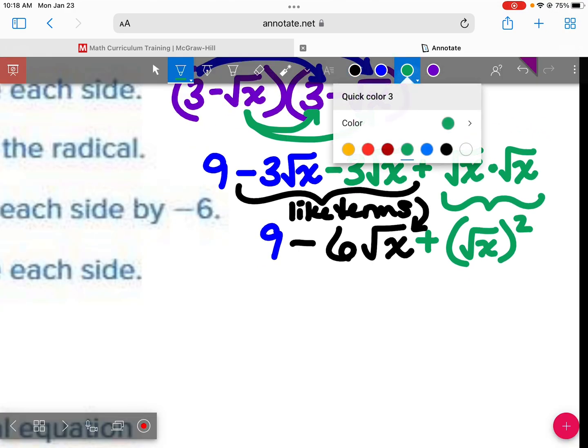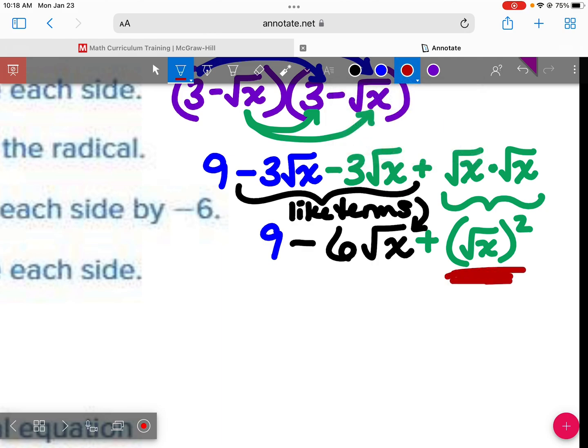How will this simplify? The square root of x, whole thing squared. What will happen there? It's going to cancel because what's my index? 2. What's my power? 2. Those are going to cancel each other out. Absolutely correct.